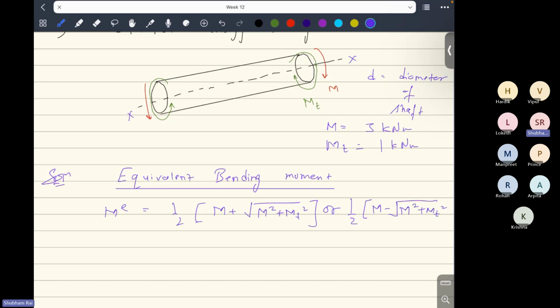Let me connect to my Wi-Fi because now the electricity has come. So just wait a minute.